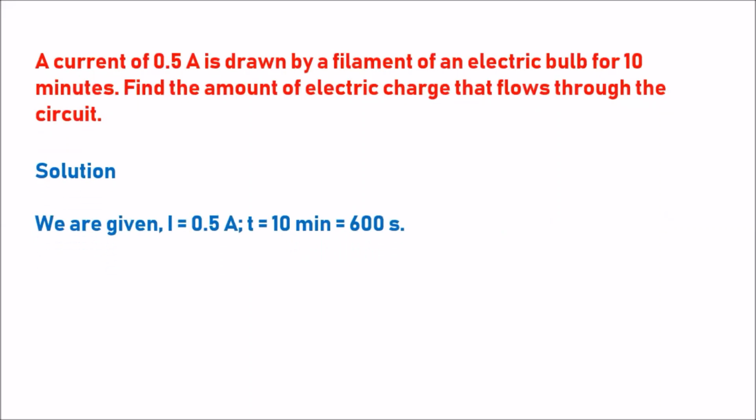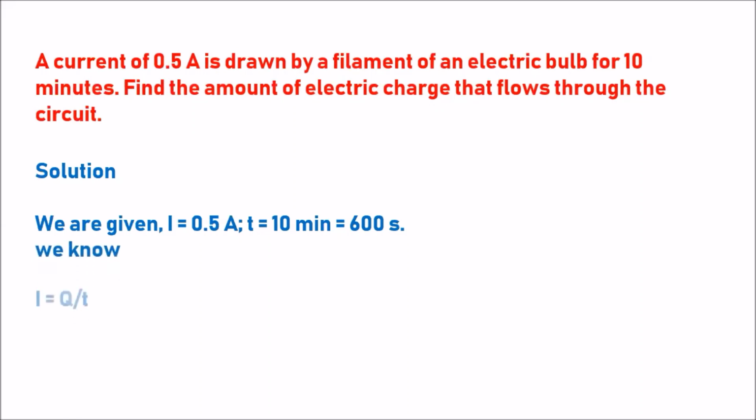Current I is equal to 0.5 amp and the time is 10 minutes, but we have to consider all units in the SI system. So convert 10 minutes into seconds, it becomes 600 seconds. So now we have I is equal to 0.5 amp, time is equal to 600 seconds. All units should be in the SI system.